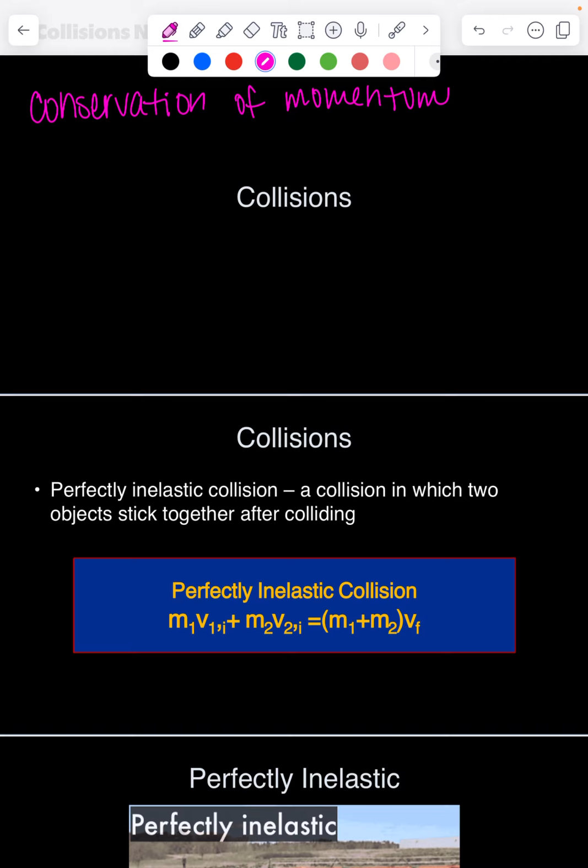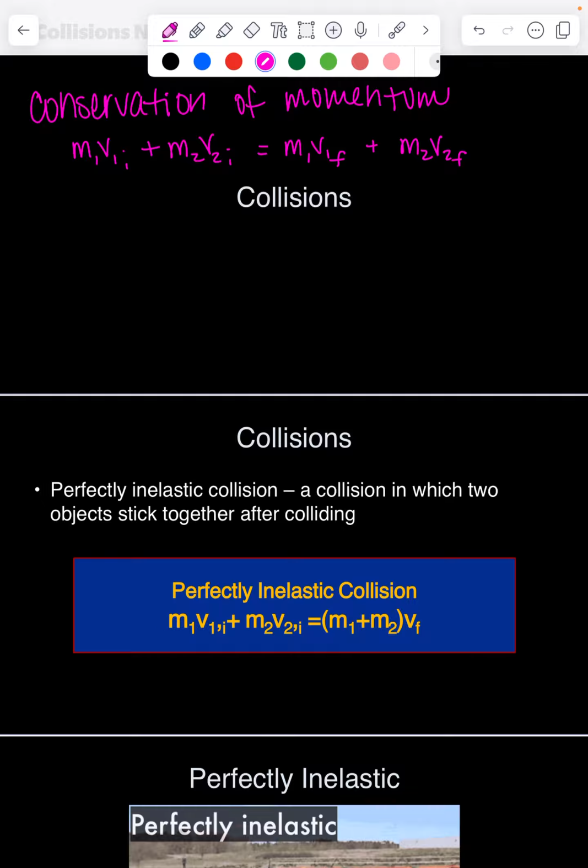So we got our equation for the law of conservation of momentum yesterday. Even though a lot of you screamed whenever you saw it, it's just m1 v1 initial, the initial momentum of the first object, plus m2 v2 initial, the initial momentum of the second object, equals m1 v1 final, the final momentum of the first object, plus m2 v2 final, the final momentum of the second object.